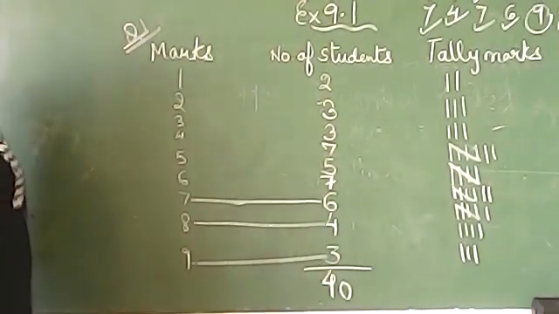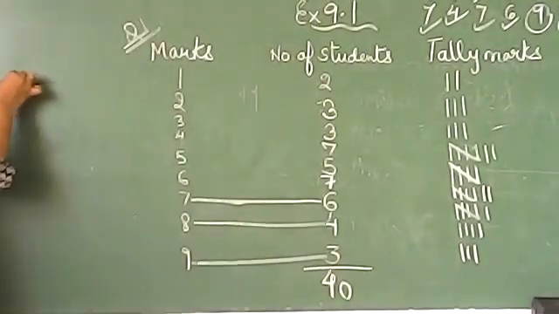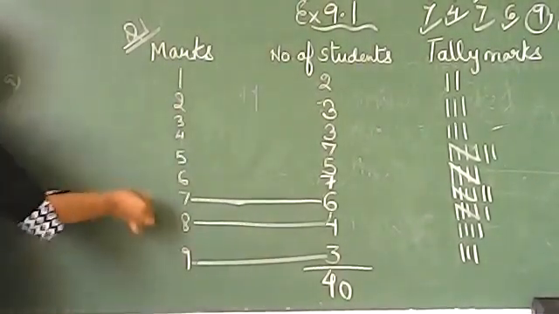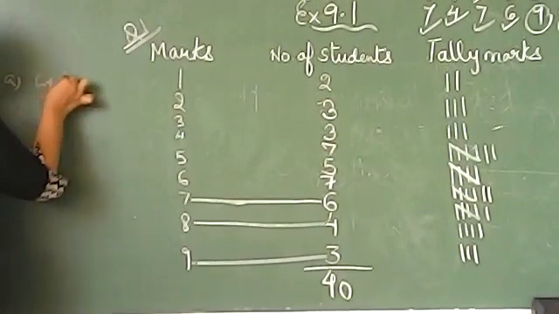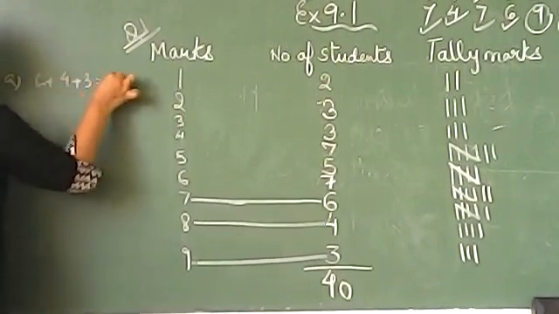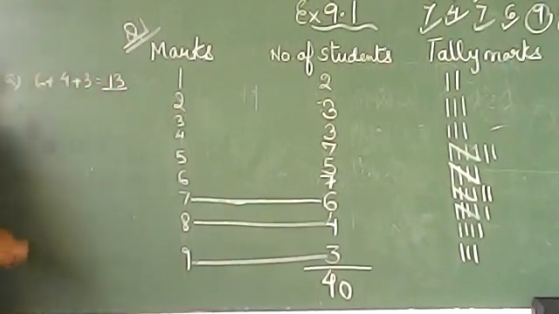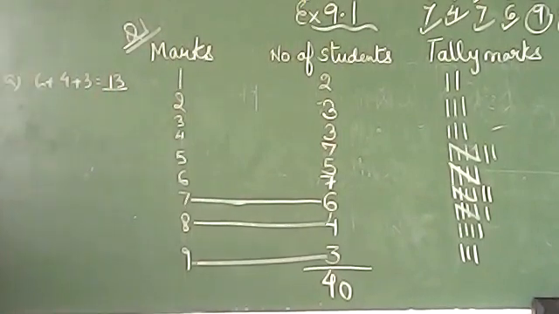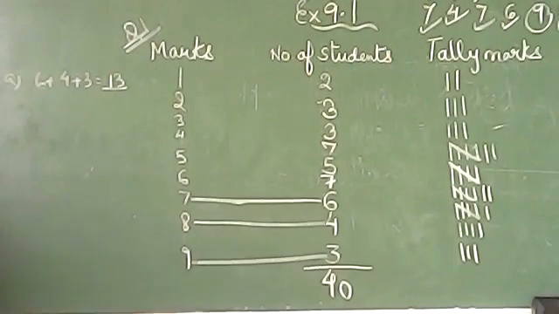It means you can simply write it down in question number A. We have 6 plus 4 plus 3, which means we have total 13 students who got 7 marks or more than 7.